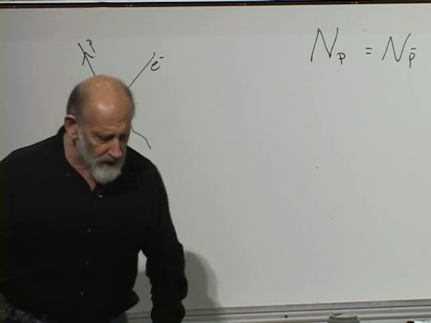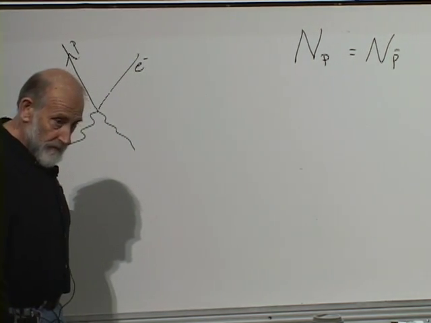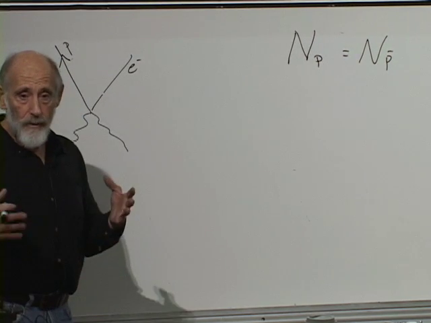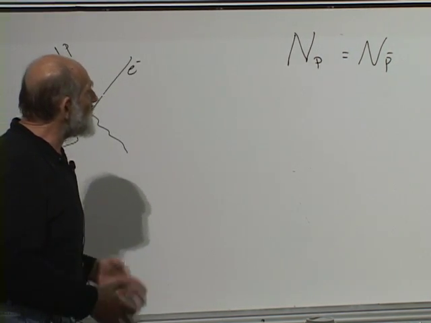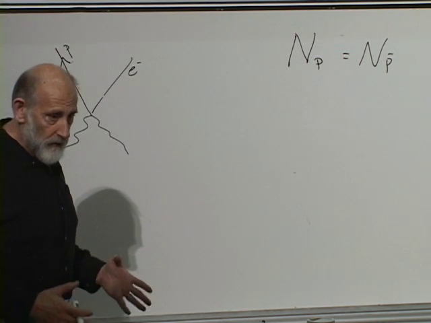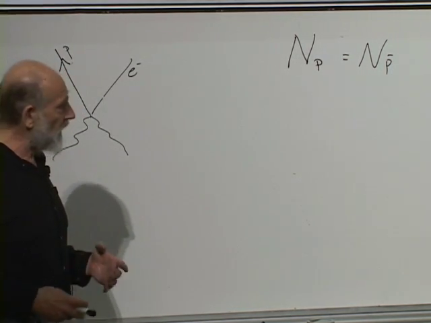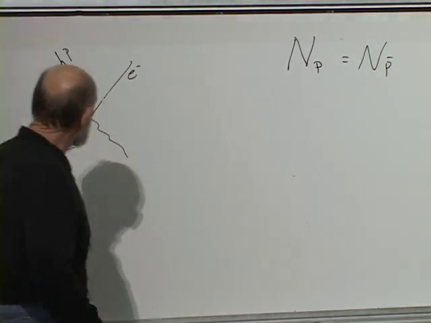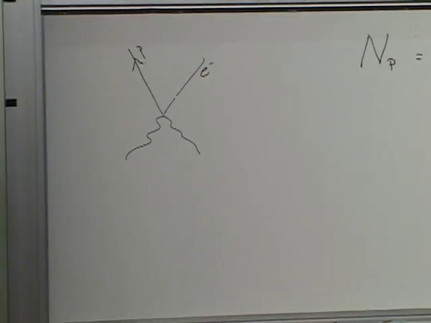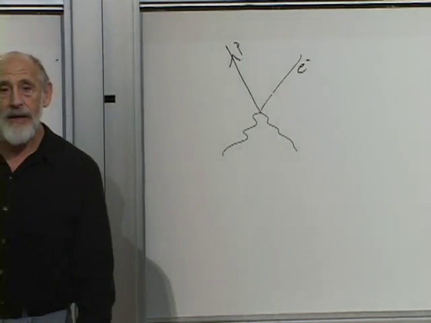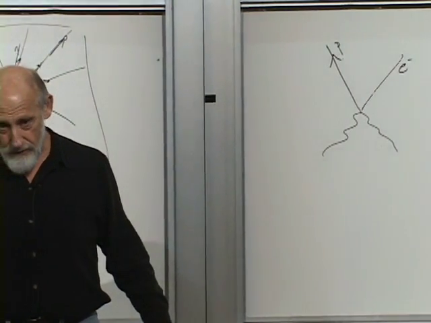So the idea is, first of all, the laws of particle physics must violate, at some high temperature and high energy, the rule that protons cannot be created without antiprotons.